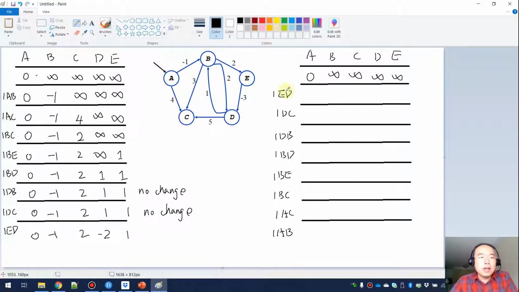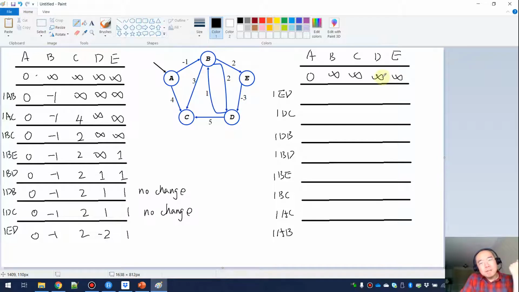As I said, if we follow the way on the left side, we are able to discover the most in the first round. What if we just have everything reversed? At the very beginning, 1ED, so ED is a -3, right? E is infinity, and E minus 3 takes us to D, which is still infinity.